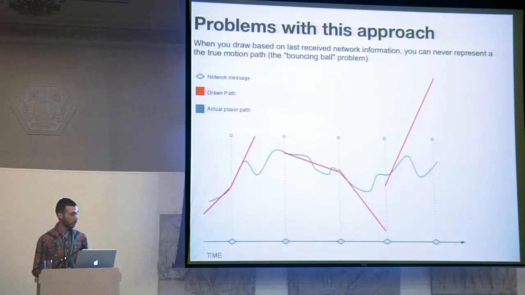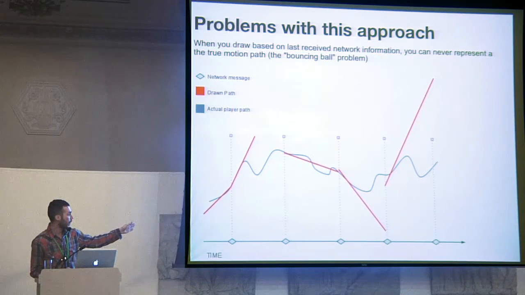Another problem with this approach is sometimes referred to as the bouncing ball problem. As we receive new position and new information regarding the velocity of the entity from the server, we draw that entity with this information, and it causes abrupt shifts in motion along the projectile's path. In this chart, the dotted lines represent discrete information received from the server at regular intervals.